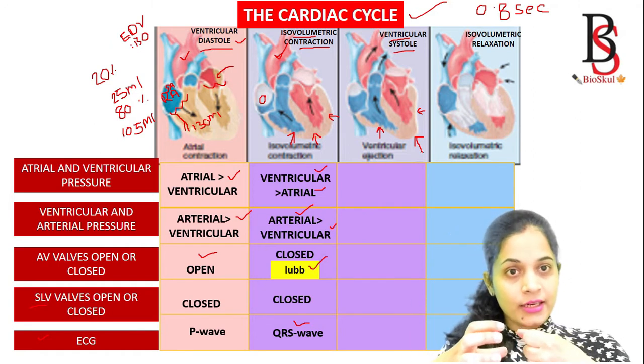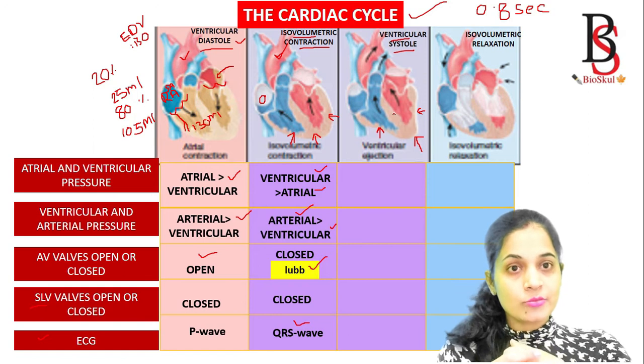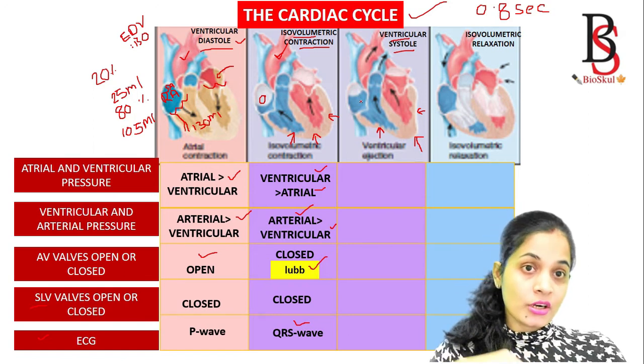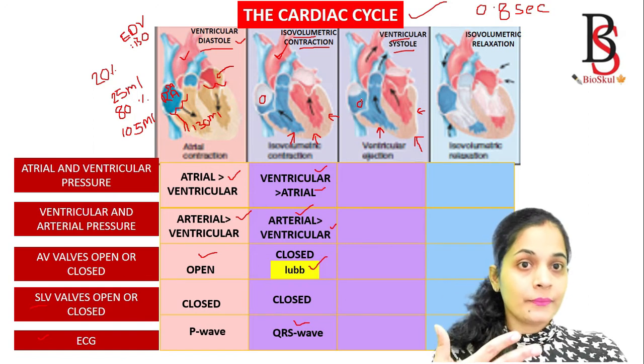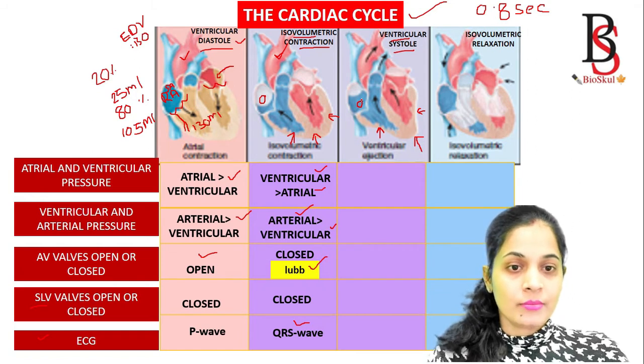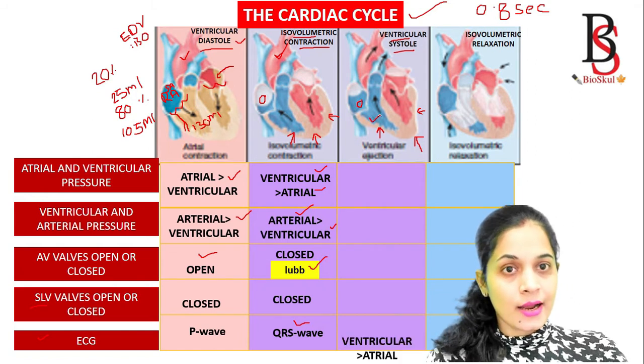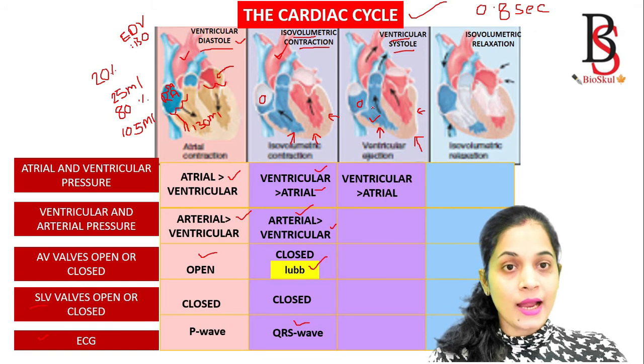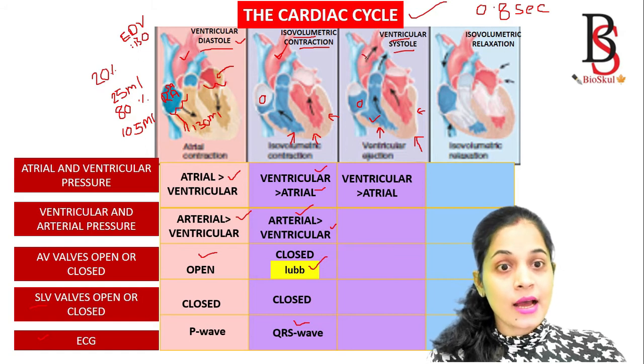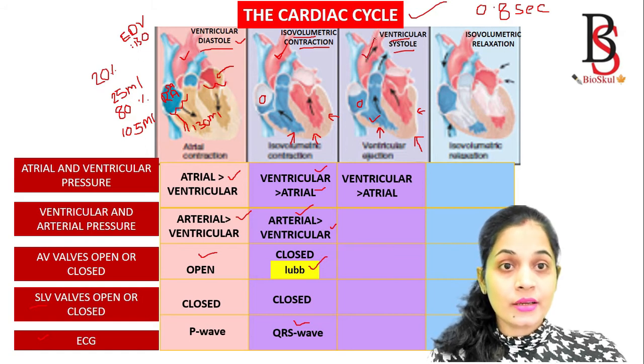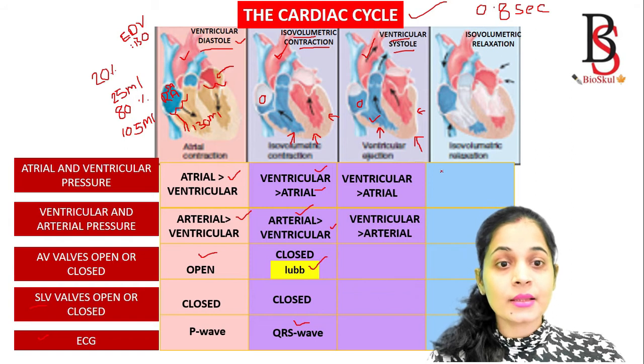As they are contracted, the volume gets smaller. As the volume gets smaller, the pressure will be higher. Pressure will be higher than arterial. If you compare the atrium to the ventricle, the pressure in the ventricle is higher. Similarly, the pressure of the ventricle is also higher than the pressure in the systemic aorta and pulmonary artery.